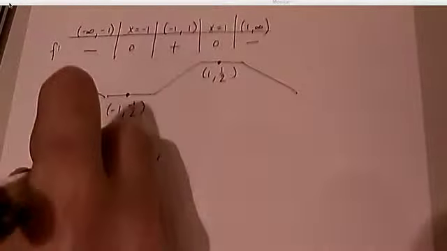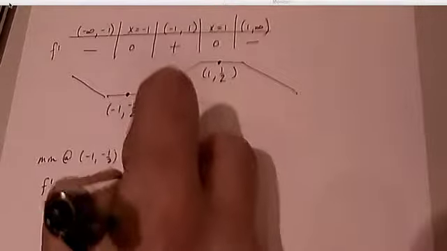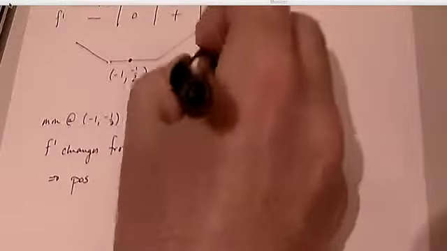because f prime changes from negative to positive. And of course you'd write something similar up here for this particular point.